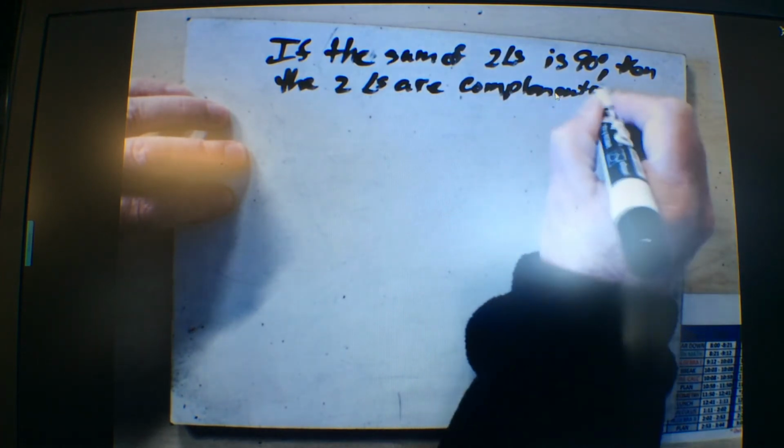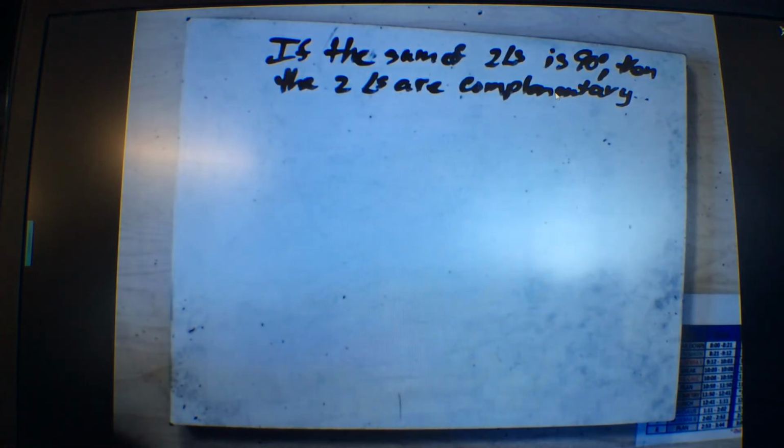Is that true? Yes. Let's take a look at the converse. What's the converse? If two angles are complementary, then the sum of the two angles is 90 degrees. Is that also true? Yes. So here's a case where the original and its converse are true.